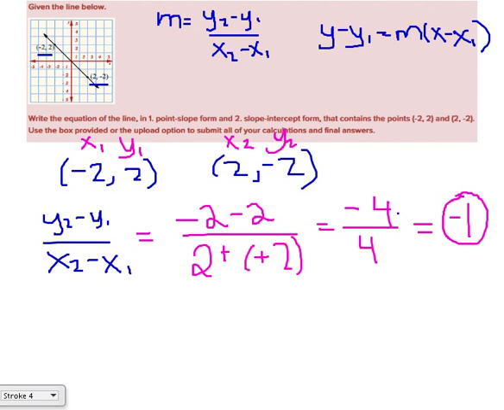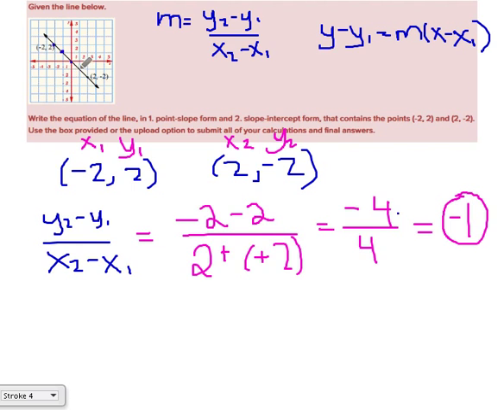Now let's take a look at the line and see if -1 looks like a correct slope for the line that we were given. If I pick a point and I go down 1 over 1, I get to my next point. And again, down 1 over 1.